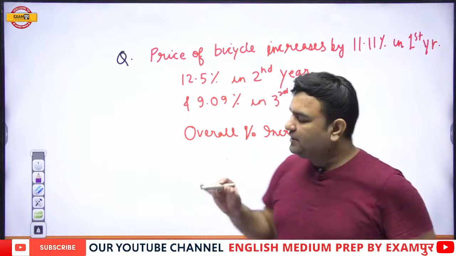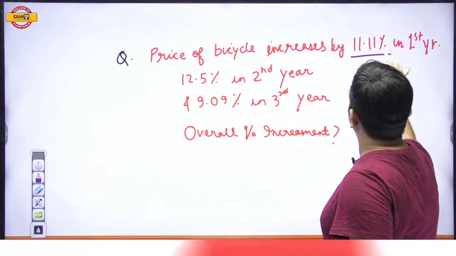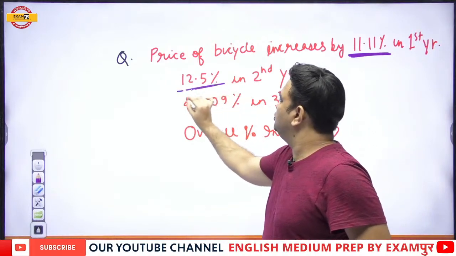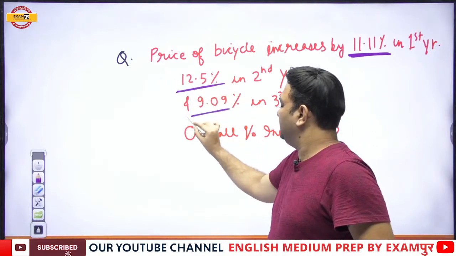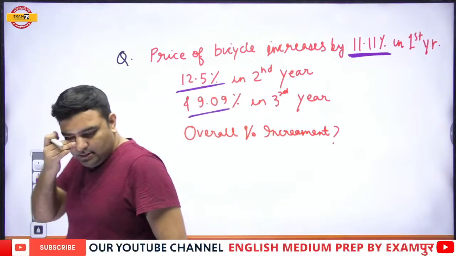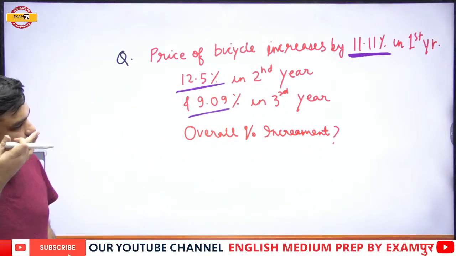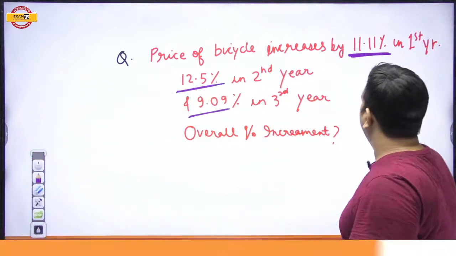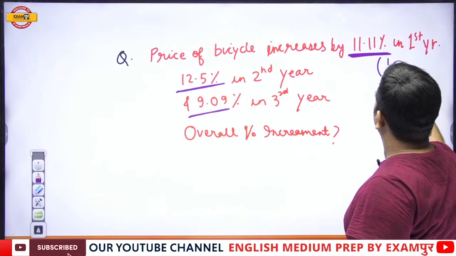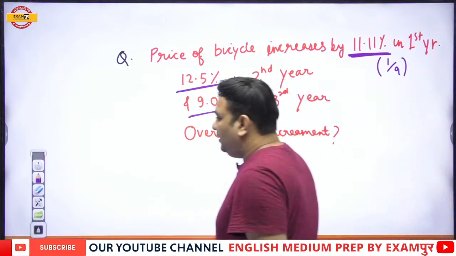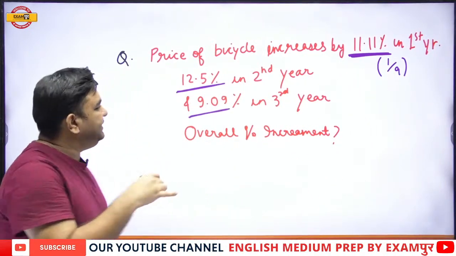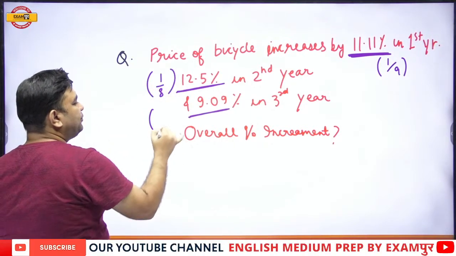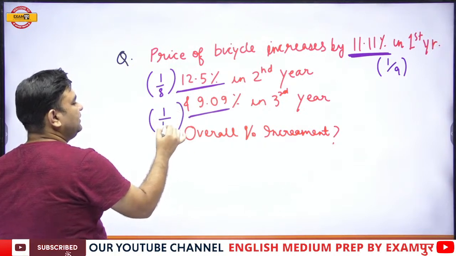What is the overall percentage increment? 11.11% is 1 by 9. 12.5% is 1 by 8. And 9.09% is 1 by 11.